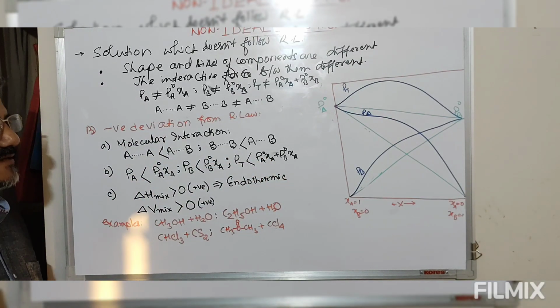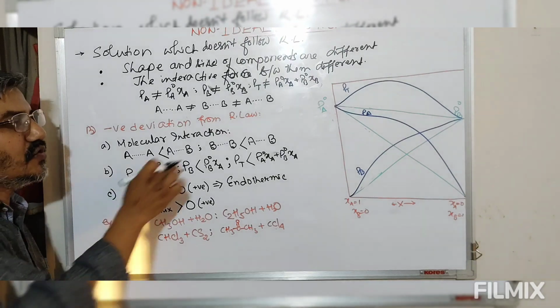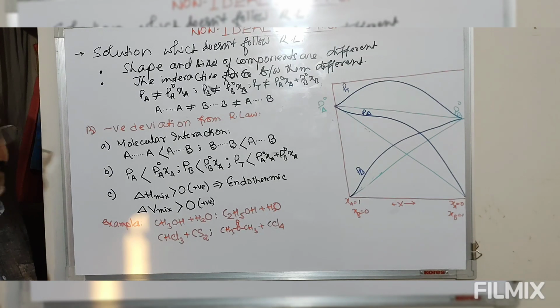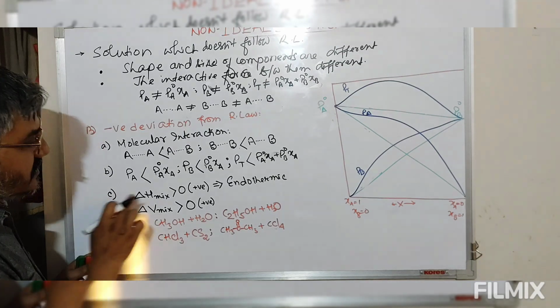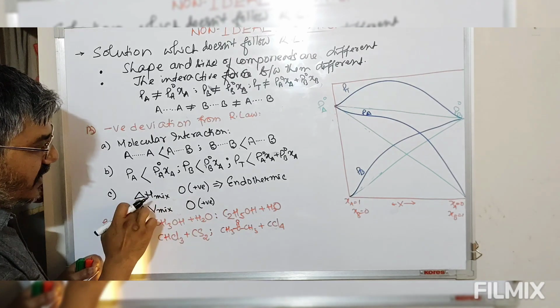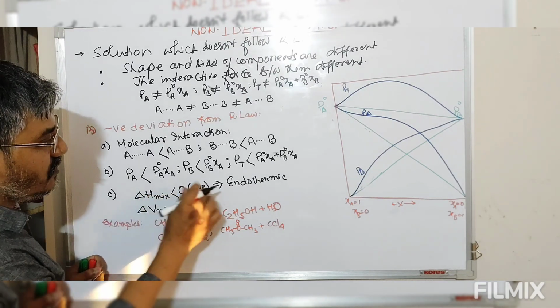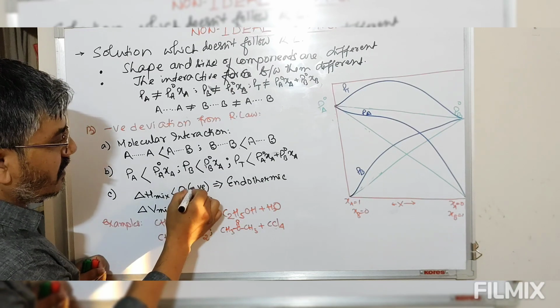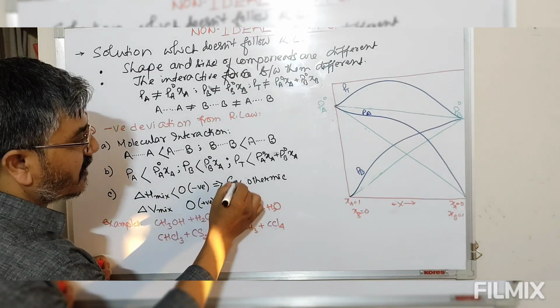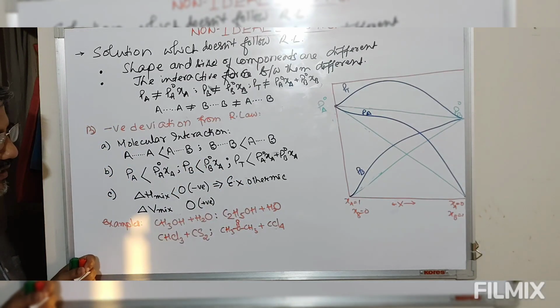Why is this so? Because A and B have a stronger attractive force. Now for the thermodynamic parameters, the enthalpy of mixing is less than 0, or we say it is negative, and we say this is exothermic.